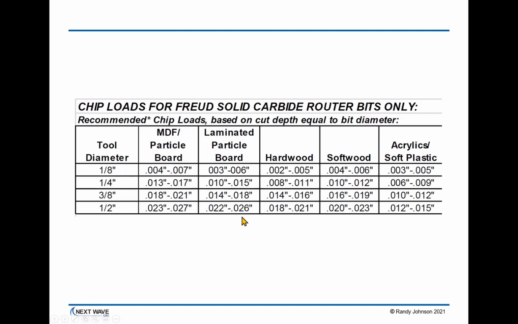But with the tests that I have run, I have found, again, you can see here, 0.004 to 0.007, that's right in the range I mentioned to you, or 0.002 to 0.005. I find that those actually work quite well. And you have to make a few compromises with the desktops because they're just a lighter duty machine. And these specs here are really made for industrial machines. But any questions on that from anybody?